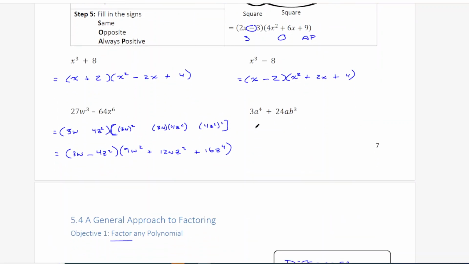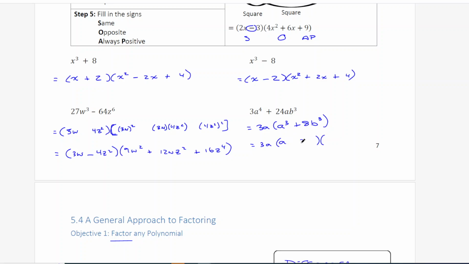All right, last one. So for this one, not a difference of or sum of cubes, so I'm going to greatest common factor first. I can take out a 3a to be left with a cubed plus 8b cubed, which is now a sum of cubes. So I'm going to put the 3a, draw a bracket for a binomial, open a bracket for a trinomial. Cubed root of a cubed is a.